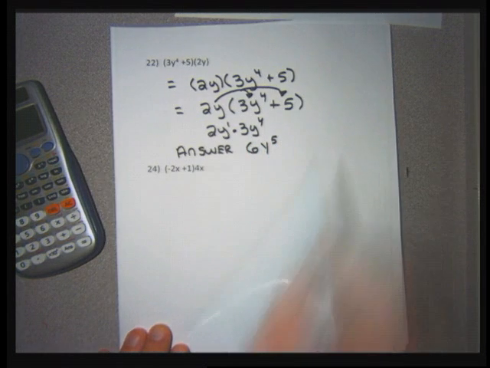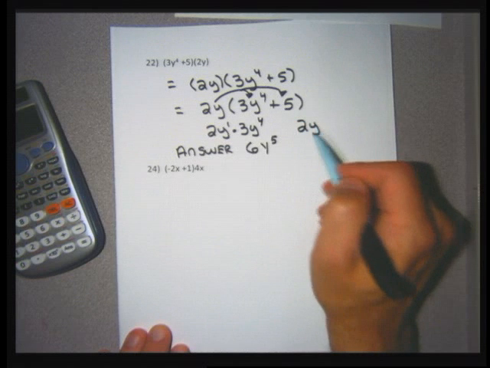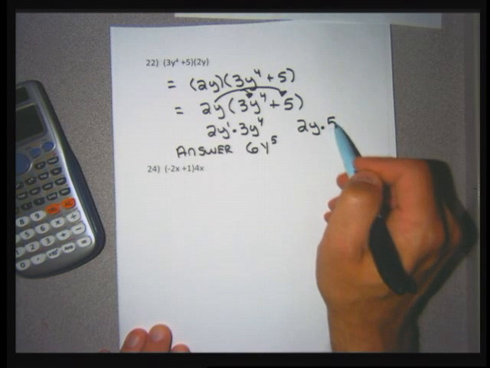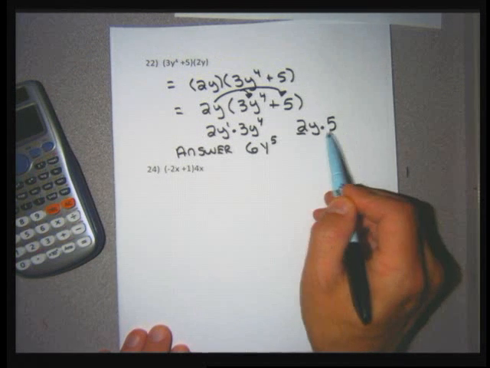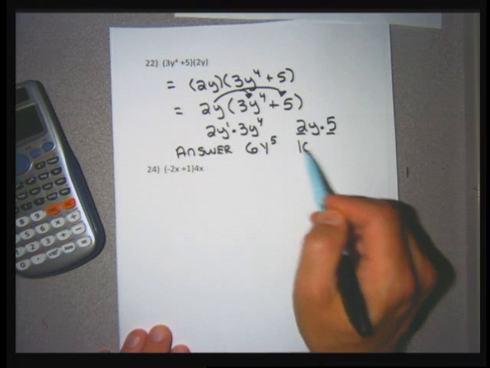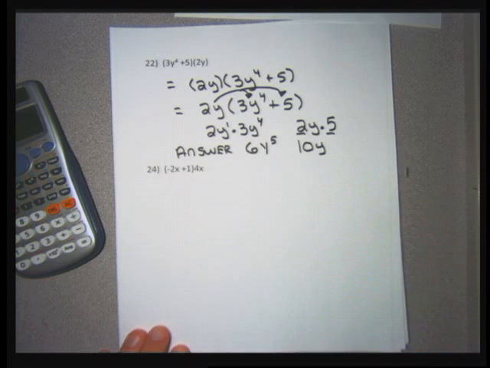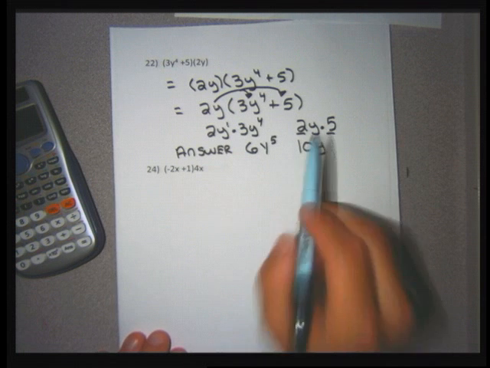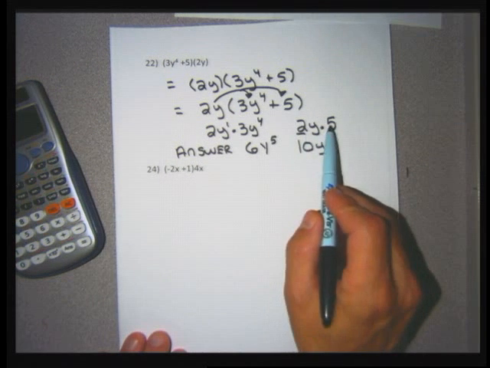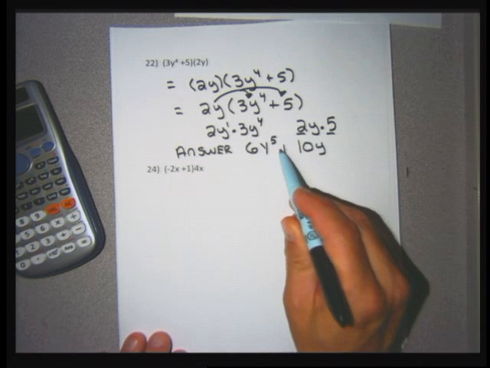The other multiplication I needed to do is 2y times positive 5. I don't need to put a positive sign with that 5. If I just put a 5 there without a sign, it means it's positive. And in that multiplication, you just multiply the 2 and the 5 and get a positive 10. The y stays unchanged. And I have to have a sign between those terms, and there isn't any reason to put a negative sign because that multiplication didn't give me a negative, so I'm going to put a plus sign between them.